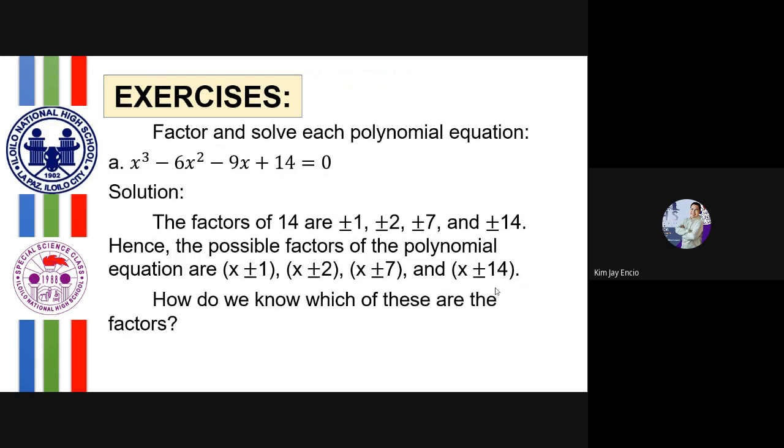And how do we know which of these are the factors? Some of them will be factors, but some of them will not be. Whether we like it or not, we will perform synthetic division, but this time it involves trial and error.